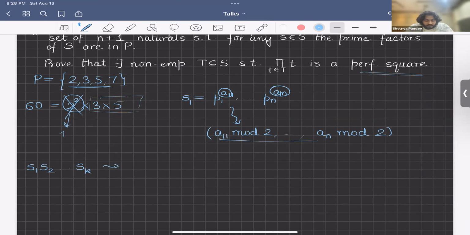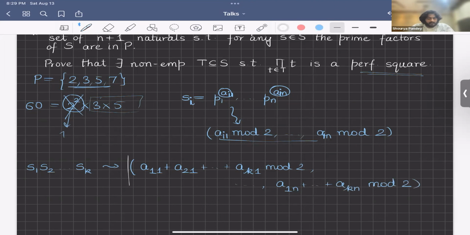The exponent of P1 would simply be A11 plus A21, etc., up to AK1. So it would exactly correspond to this: A11 plus so on up to AK1 mod 2, and so on up to A1n plus so on up to AKn mod 2.